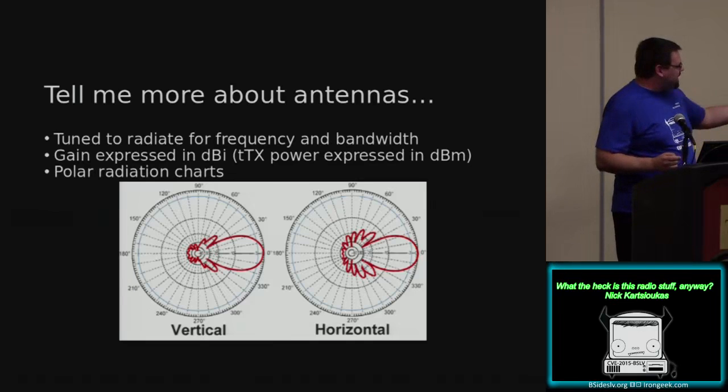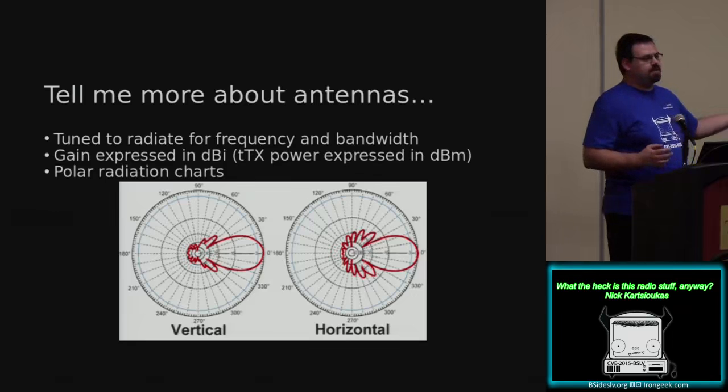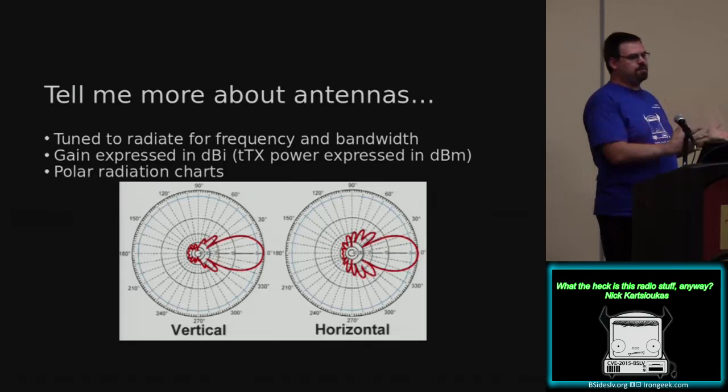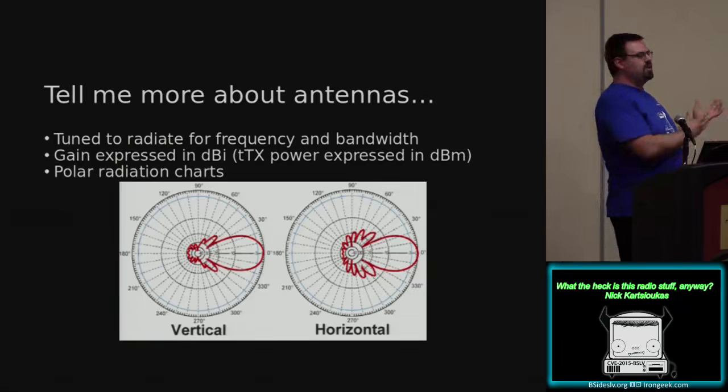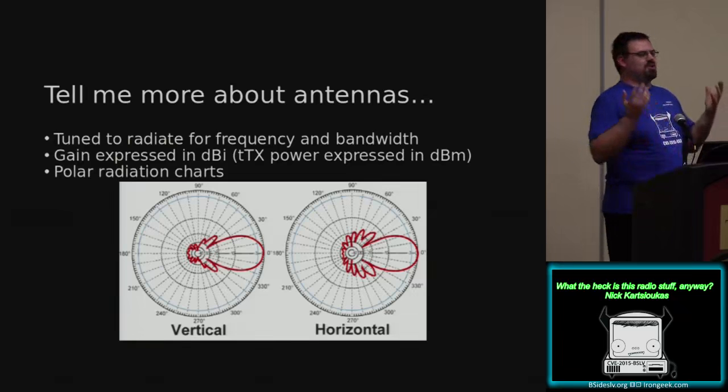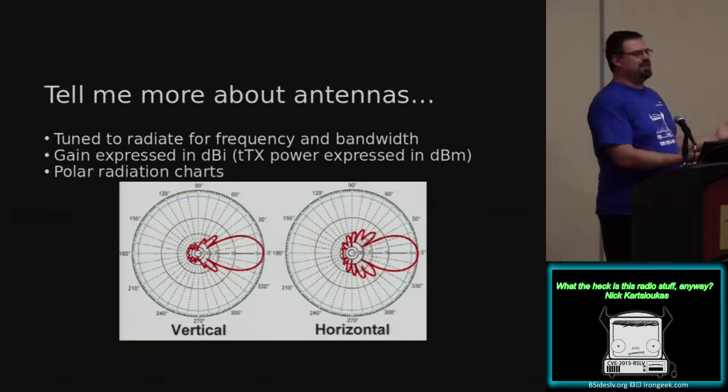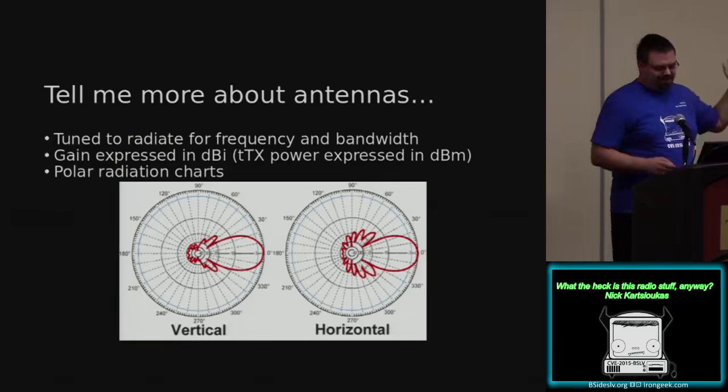And the I in this is isotropic. So antenna gain is referenced to an isotropic antenna, which is a perfect radiator in all directions, which doesn't exist. So why do we use this? I don't know. But there it is.